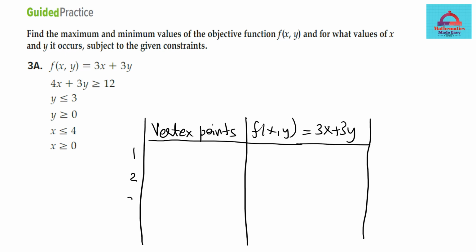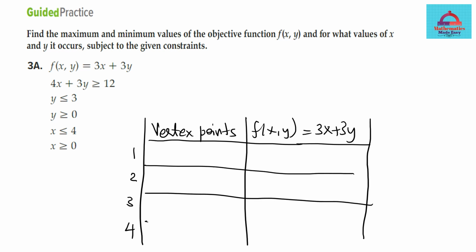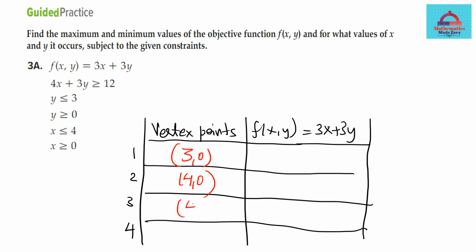Let me just make some rough table. You can use a ruler. I'm doing it without it. So one point was 3 comma 0, then 4, 0, then you had 4, 3, and then 0.75, 3.